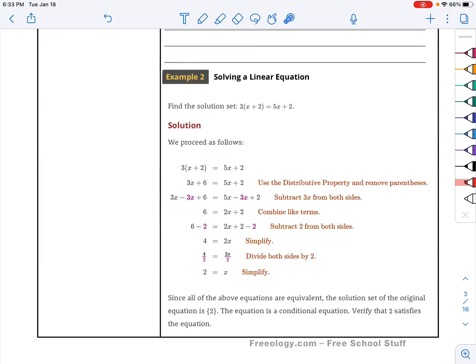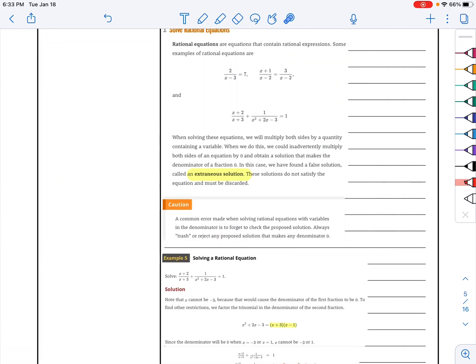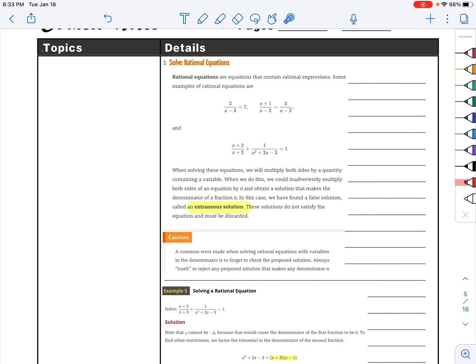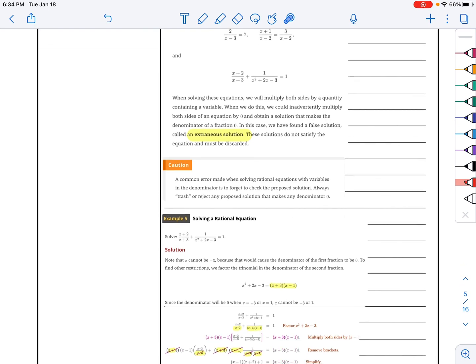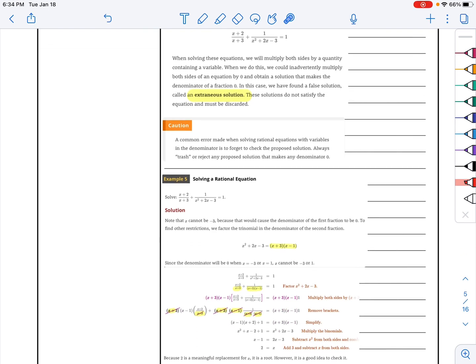So that's why we talked about this, because when you're solving rational equations, you want to make sure you don't come up with one that is impossible. For example, +3 could not be true. +2 could not be true because that would make the denominator in the original problem equal 0, and that's not good.